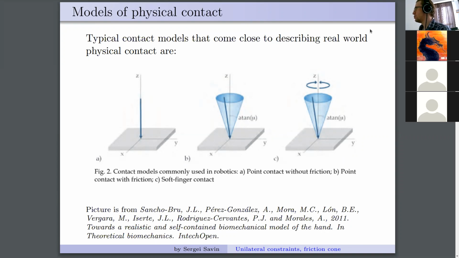But anyway, you have this first contact. This first contact has no friction. So it means that it can provide force only in the normal direction to the surface.